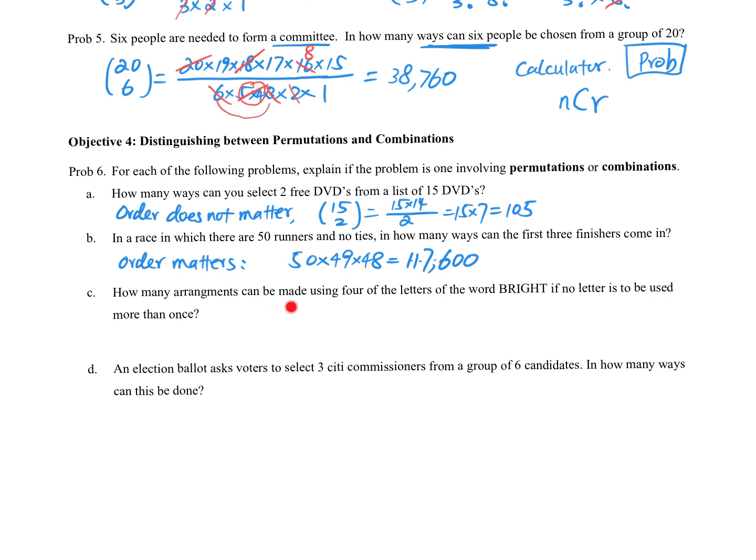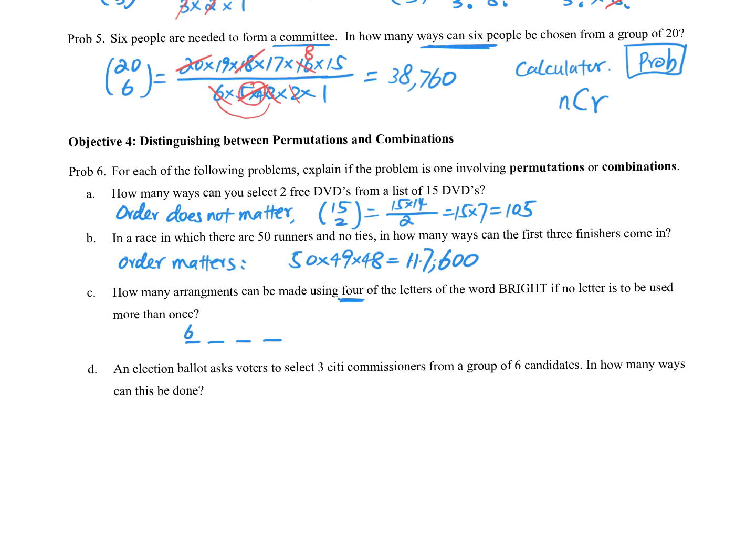How many arrangements can be made using 4 of the letters of the word BRIDE? Well, notice none of those letters are repeating. They're all different letters, right? 6 different letters. If no letter is to be used more than once, so we're using 4 of the letters, then this is definitely a permutation. So how many ways to fill in the first one to form a four letter arrangement? There are 6 to choose from.